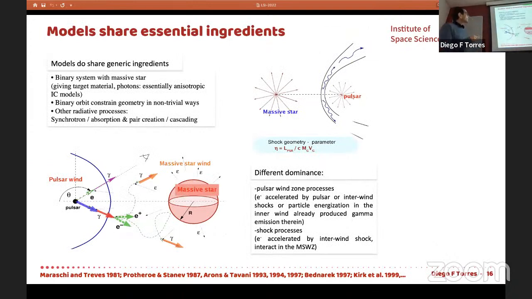The models, however, share some essential ingredients. Well, the binary system has a massive star, so certainly this gives target material, photons, and there is anisotropic inverse Compton scattering there. The orbit constrains the geometry in non-trivial ways, and other radiative processes like synchrotron, absorption, pair creation and cascading are active.